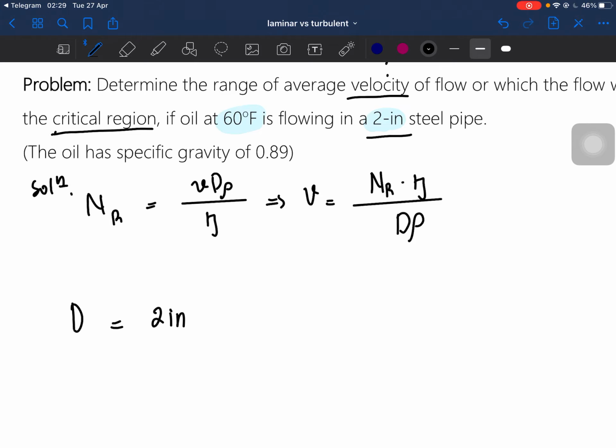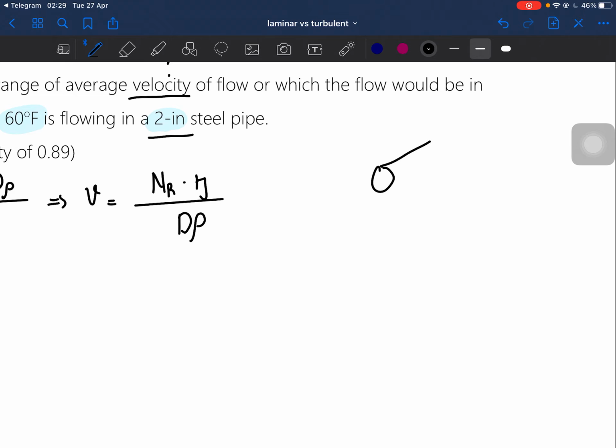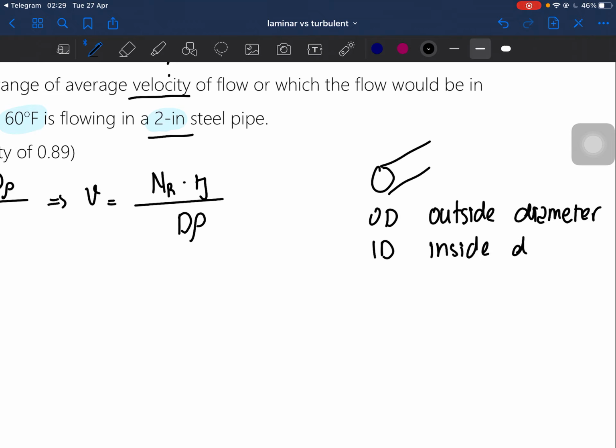So in the pipe there are OD, outside diameter, and ID, inside diameter. So this one is outside diameter. In the example they will show you this is the outside diameter, this is the inside diameter, and we also have the wall thickness.